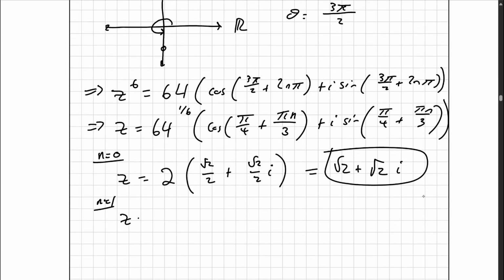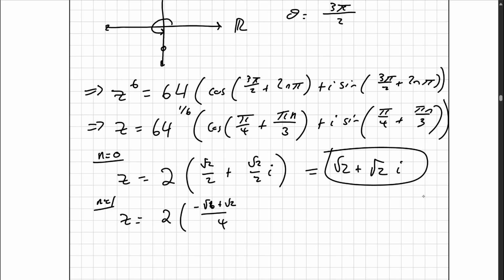And then n equals 1. If it gives us a different answer, then we know that everything is very cyclic. So it's 2 times pi over 4 plus pi over 3, 7 pi on 12. So cosine of 7 pi on 12 is minus root 6 plus root 2 on 4.